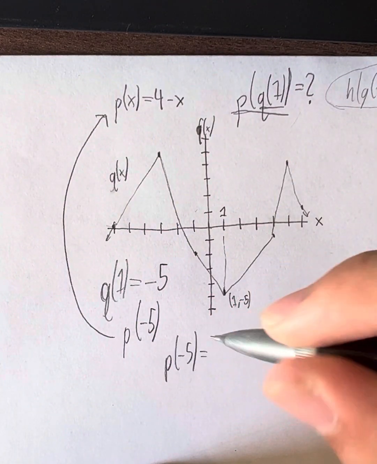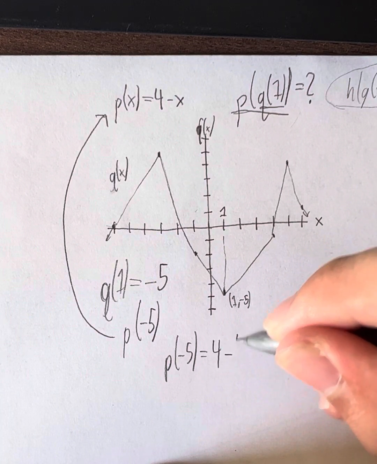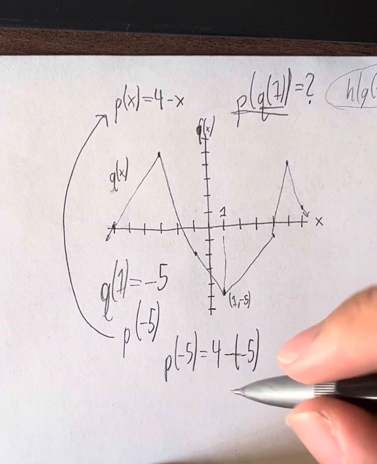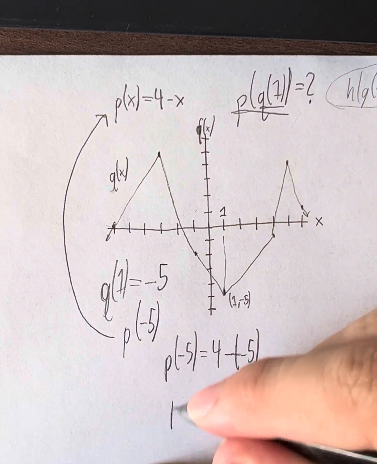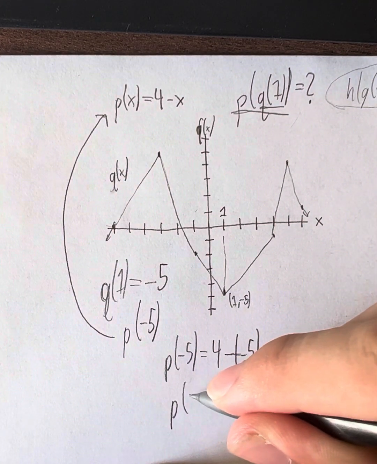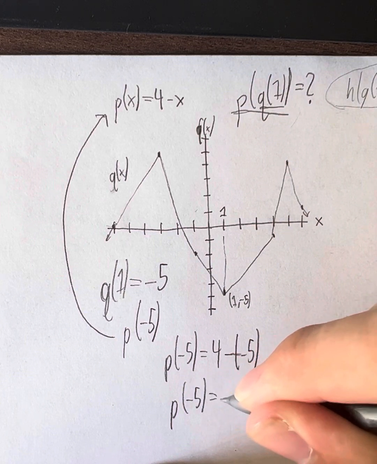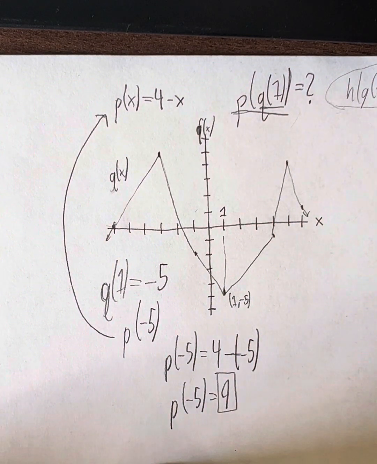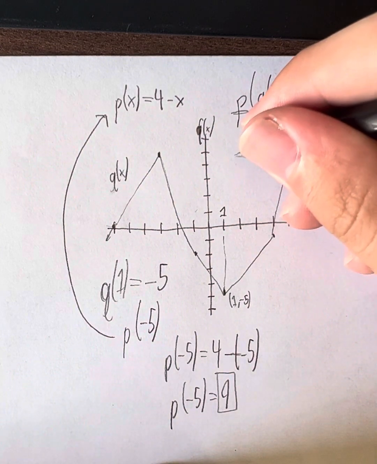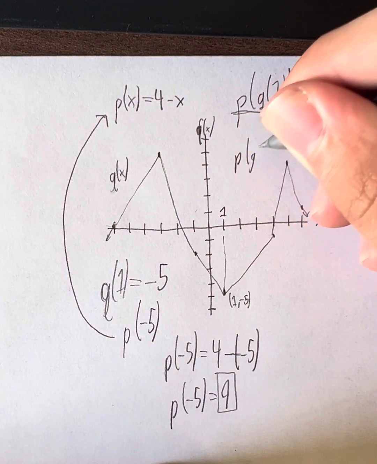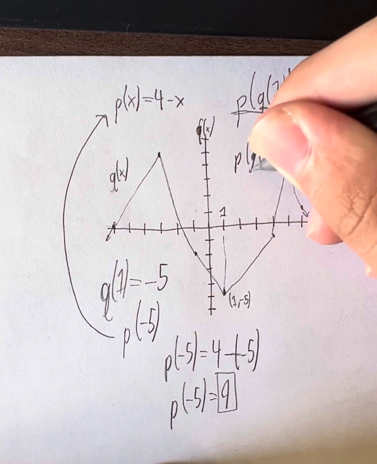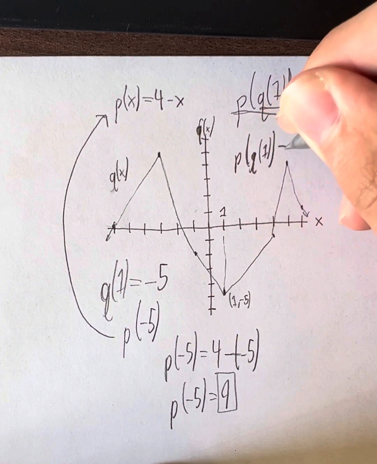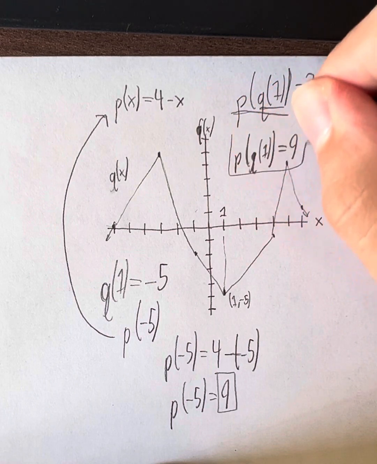So if you plug that in, you got 4 minus -5, which is pretty much just 4 plus 5, and we end up with 9. So we can conclude that p of q of 1 equals 9.